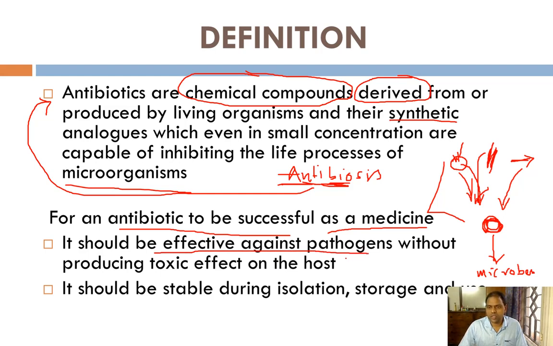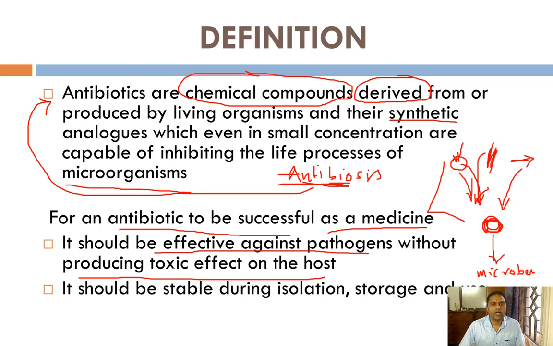Pathogens are the organisms which cause disease or infections, and it should kill those pathogens without producing any toxic effect on the host. The person who is taking the antibiotic should not have much of a side effect.